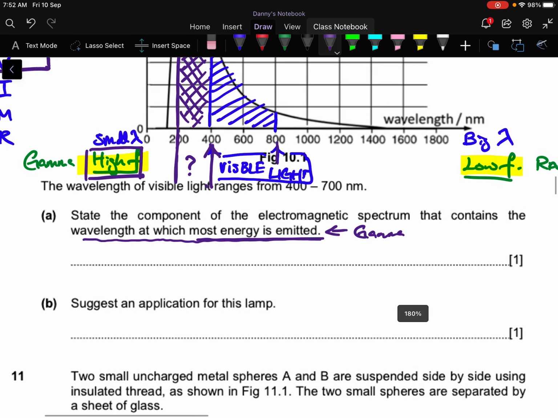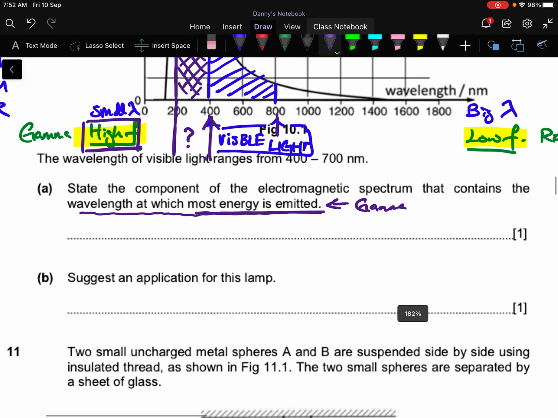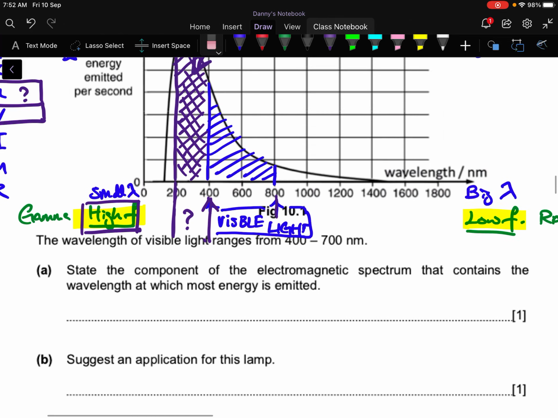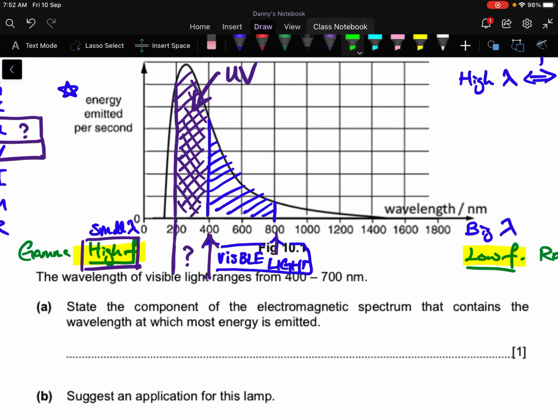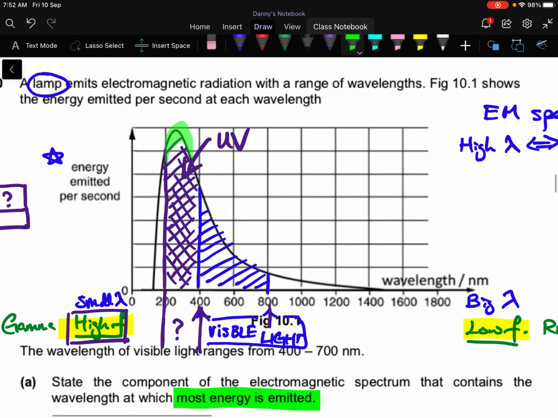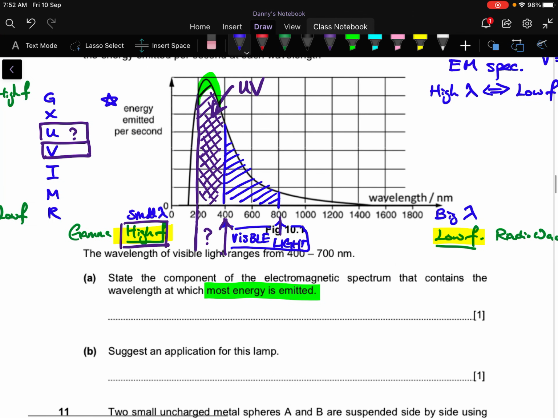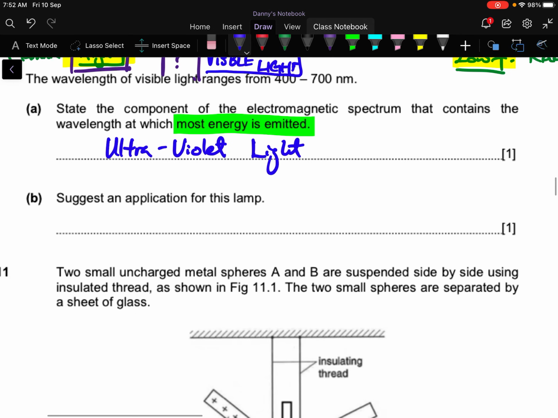In this case, since there is a diagram given to you and there's a context given to you, we will assume that this question is asking you with reference to the diagram. So in the diagram, where can I find a wave that will emit the most energy? Well, of course, it's this peak, right? And as a result, the wave that will emit the most energy will be your ultraviolet light.